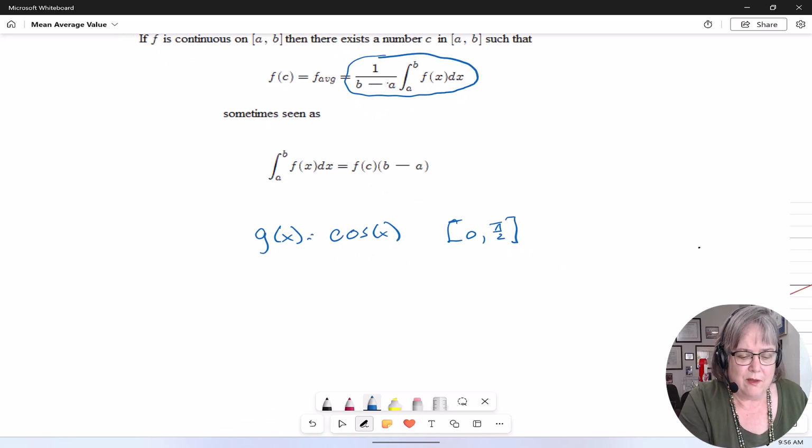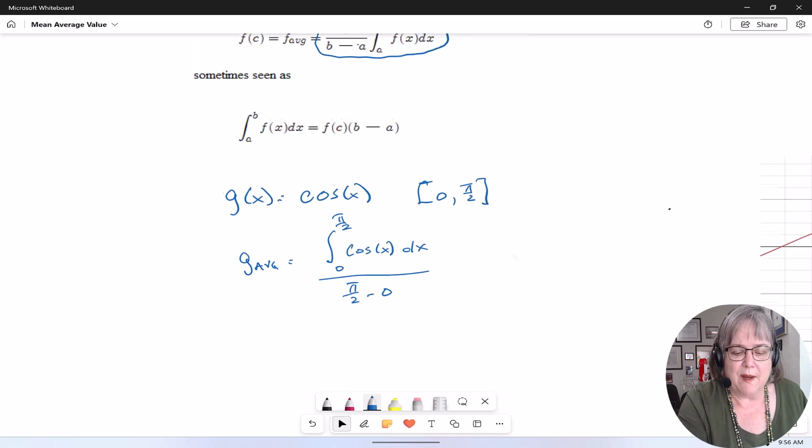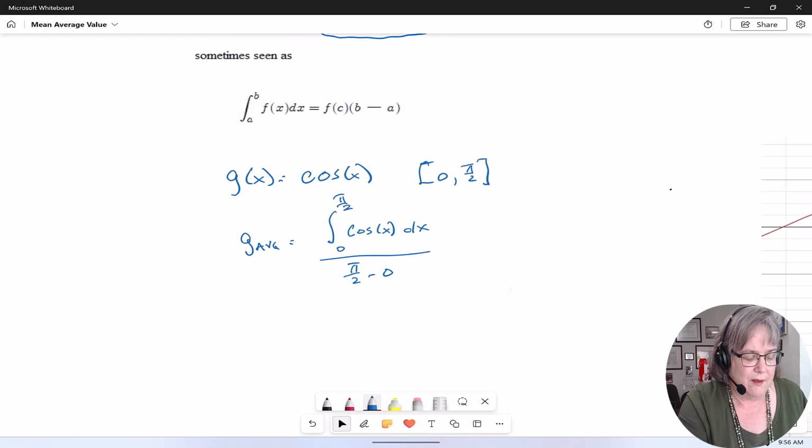So then what I would do is the average, and this is a y value, is the integral of cosine of x dx from 0 to pi over 2 over pi over 2 minus 0, right? So that's my integrate and find the area and divide by the base of the whole thing.